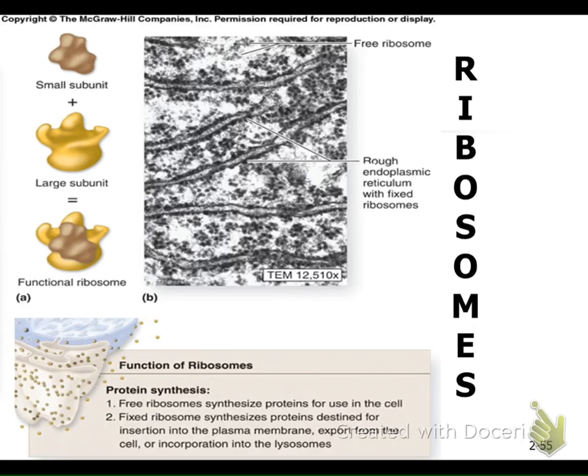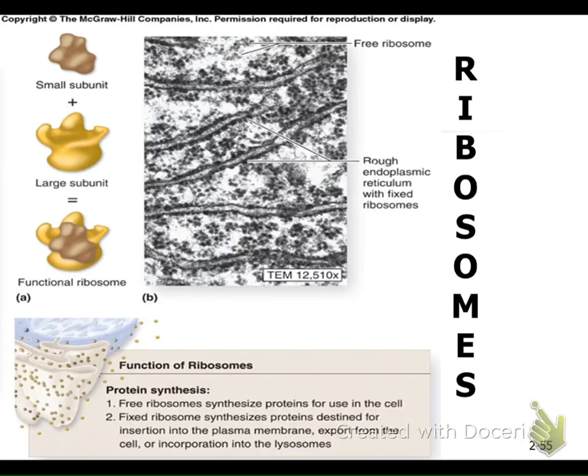What might be the difference between ribosomes that are on the endoplasmic reticulum versus freely floating ribosomes? This is a higher level question for sure. But ribosomes that are attached to the endoplasmic reticulum, as we saw a moment ago, what's happening? The endoplasmic reticulum is making proteins, and those proteins are going to be packaged in the Golgi, and those packaged proteins are oftentimes going to be sent out of the cell.